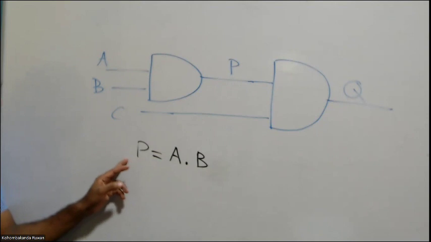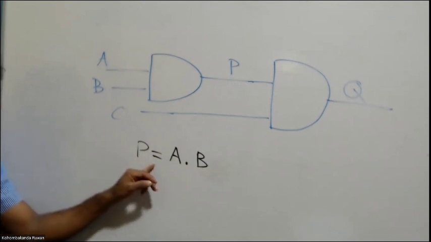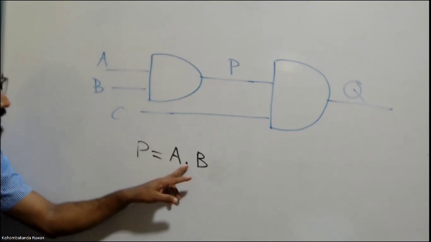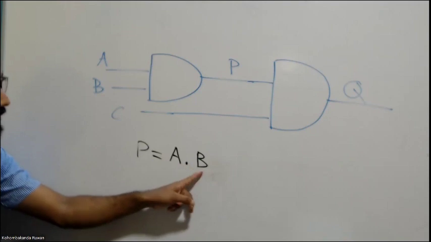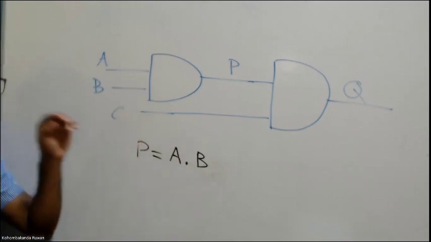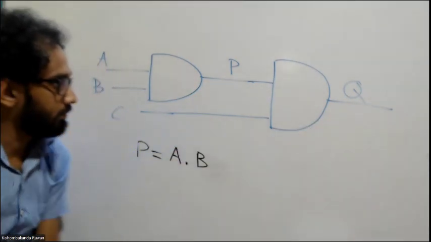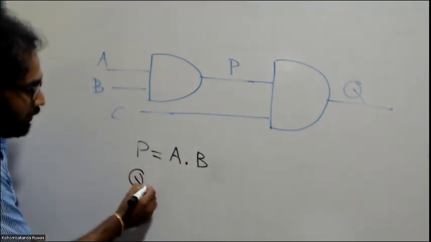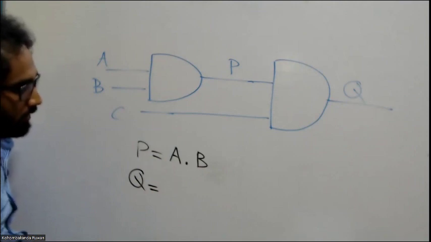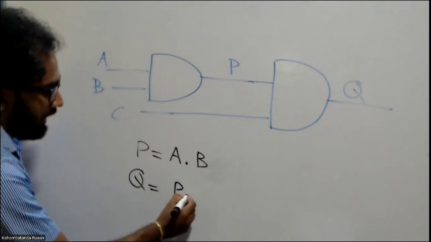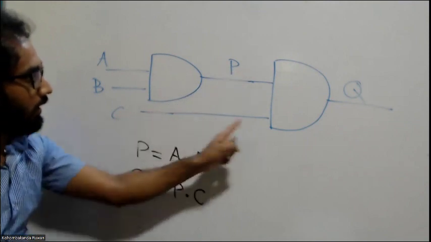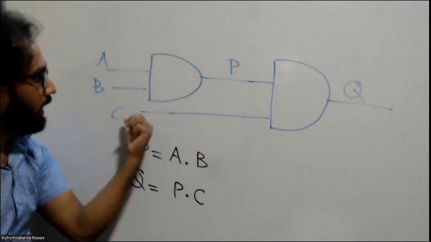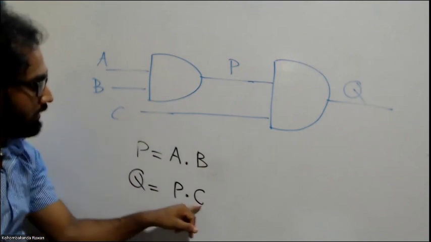The second question is to write down Q. Q equals P and C.